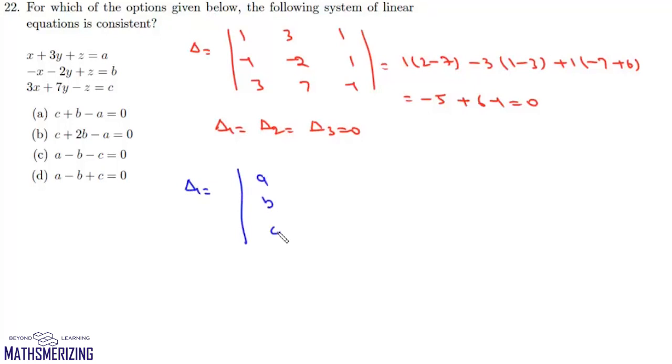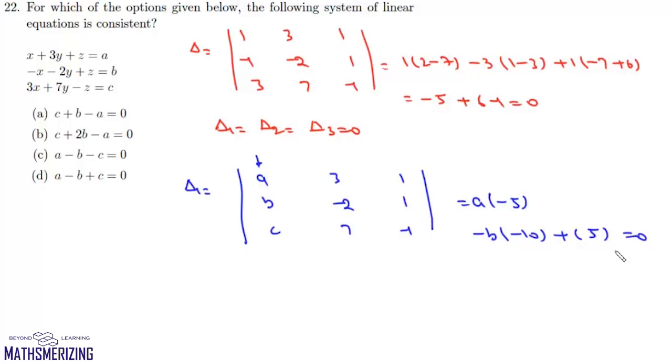A, B, C, 3, minus 2, 7, 1, 1, and minus 1. And if we expand it about this column, we'll get A into (2 minus 7), that is minus 5, then minus B into (minus 3 minus 7), that is minus 10, and plus C into (3 plus 2), that is 5, and it should be 0.